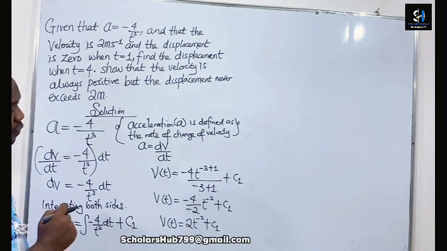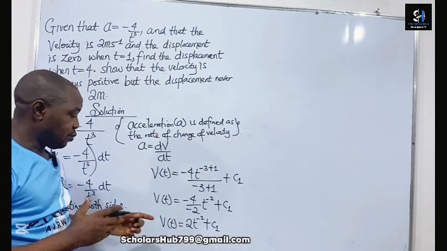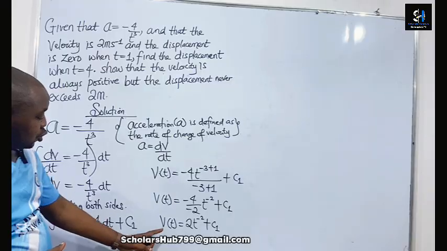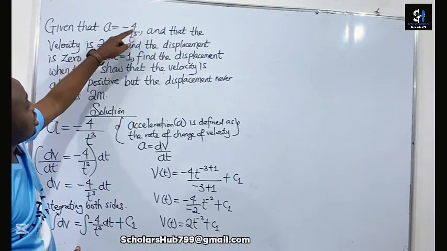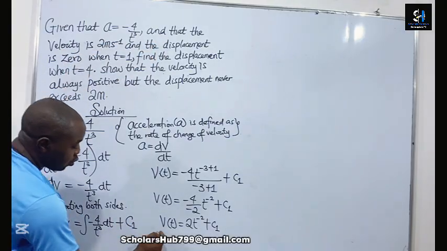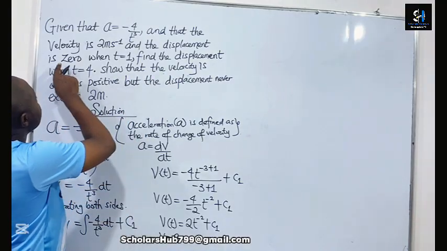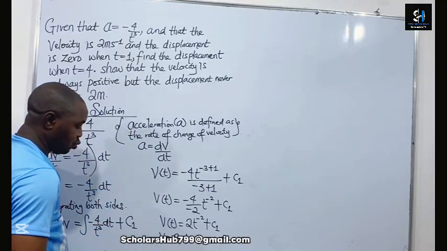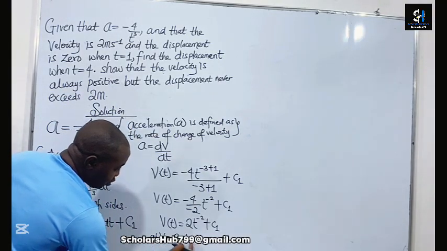Okay, now we need to find the constant of integration because we are yet to get the velocity function equation. So now in the question we have that given that acceleration is equal to this and that the velocity is 2, so when v is equal to 2, and the displacement is 0 when t equals 1, the value of t equals 1. So we have at v equals 2, t equals 1.